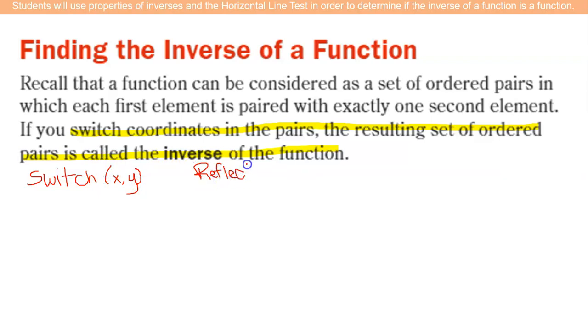So if you're doing it graphically, you're actually reflecting over the line y equals x. And we'll look at that also. But that's how you get what the function is going to look like, if in fact the inverse is a function. Because it is possible that the inverse of a function is not a function. And we'll look at some like that as well. But you need to be able to recognize how to get a function.